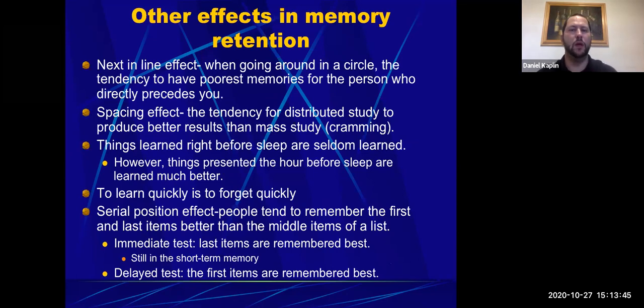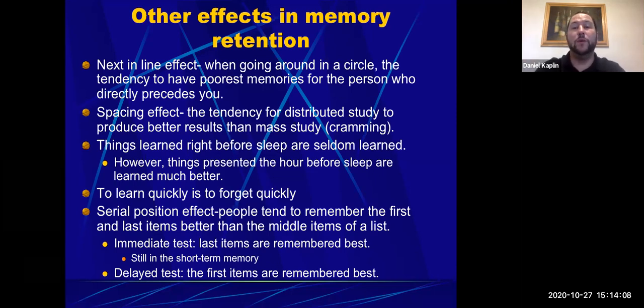So what are some other things we see about memory? Another thing we see about memory is the next in line effect. I want you to think about, have you ever been in a circle of people trying to introduce themselves? If you do, we see the next in line effect is as follows.